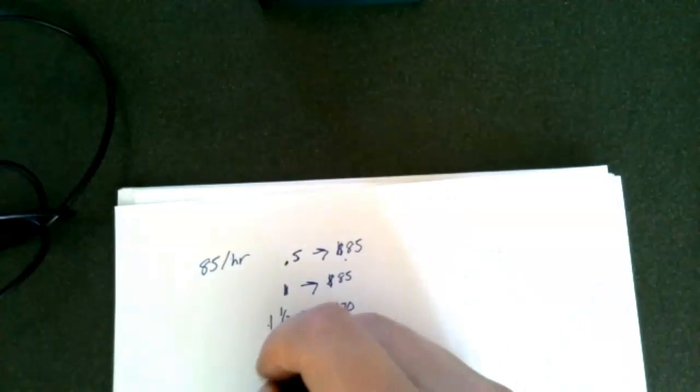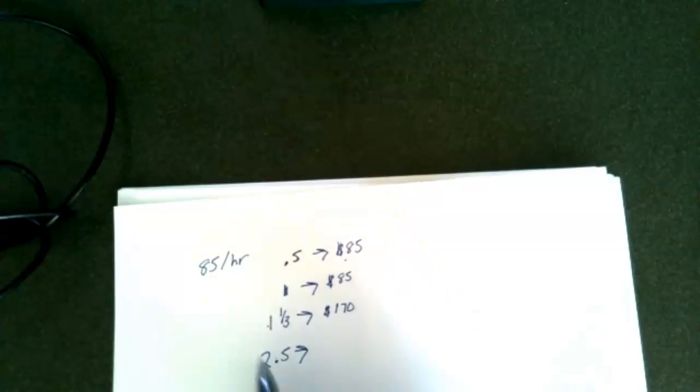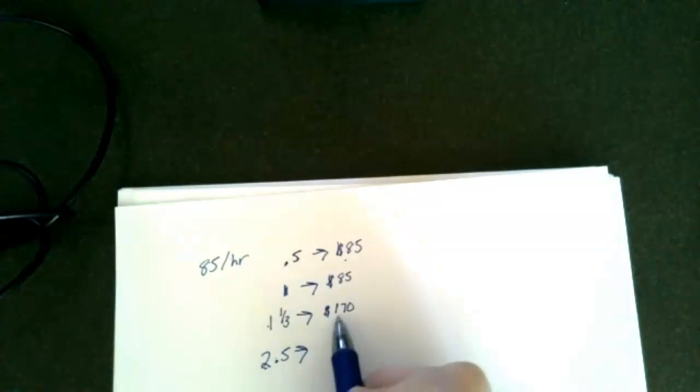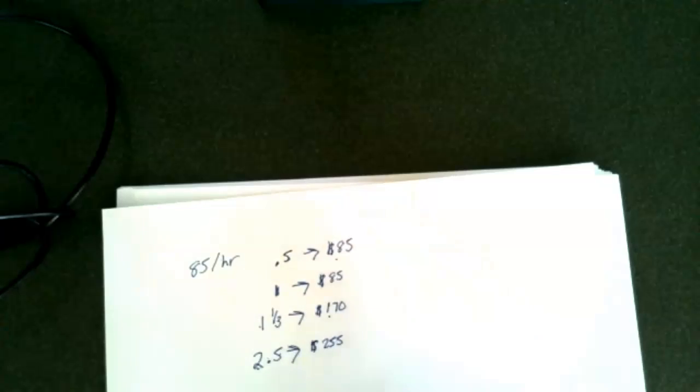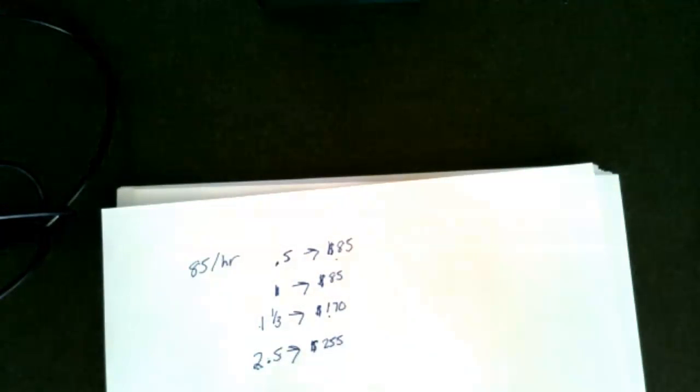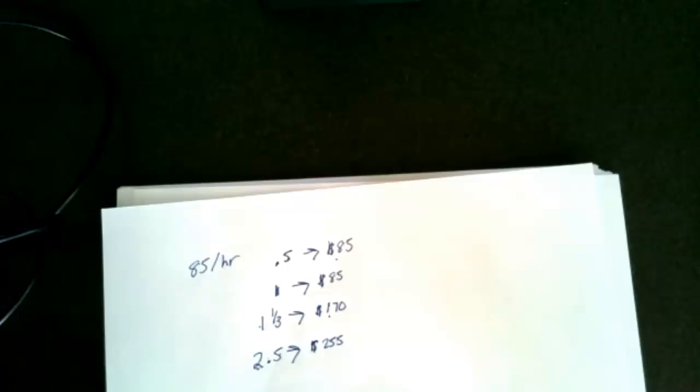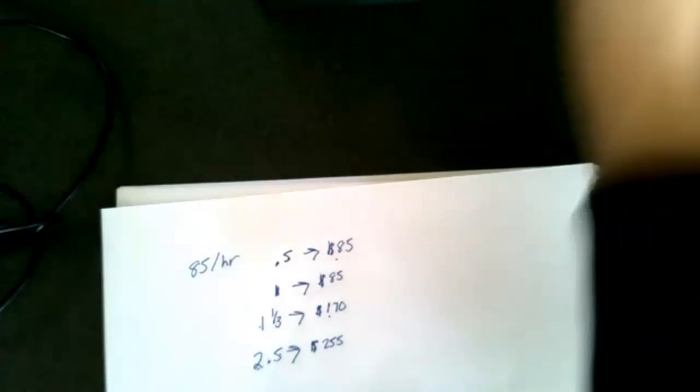So what if I go in for 2.5 hours? Well, I have to pay 2 full hours at 85 bucks a pop, which is 170, and then half of another hour, which makes my price 255. And building this table kind of helps. Makes it pretty easy in that sense.